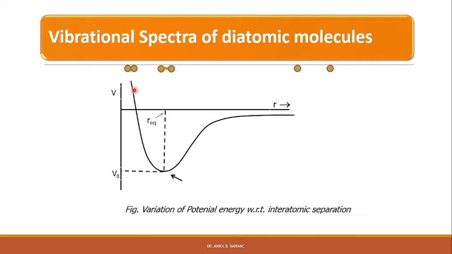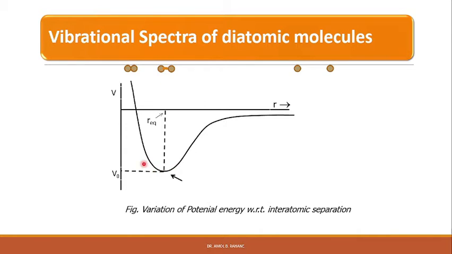So let us see the typical potential energy curve for the diatomic molecule. When the two atoms are at infinitely long separation, the potential energy is equal to 0, and the potential energy starts decreasing when the two atoms approach each other.